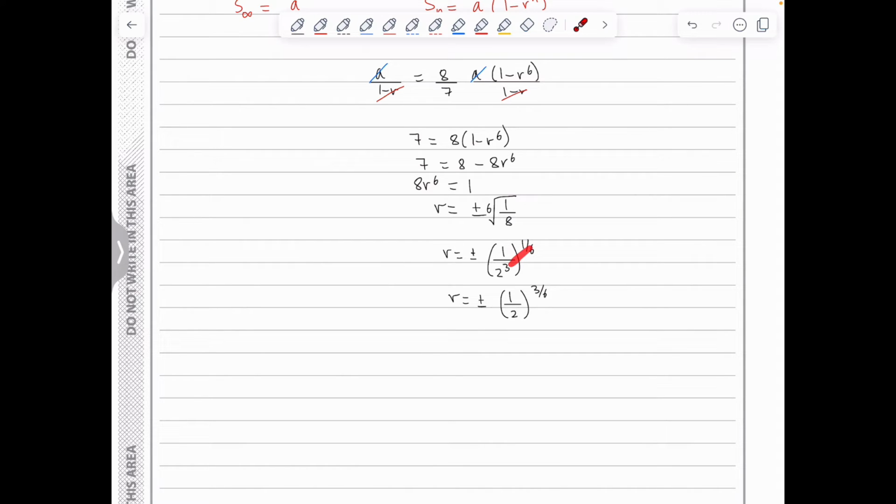So 3 times 1/6 is 3 over 6, which is obviously a half. So r is plus minus 1 over 2 to the half, which can be written as plus minus 1 over root 2. And therefore we conclude that the constant k, the integer k, is 2.